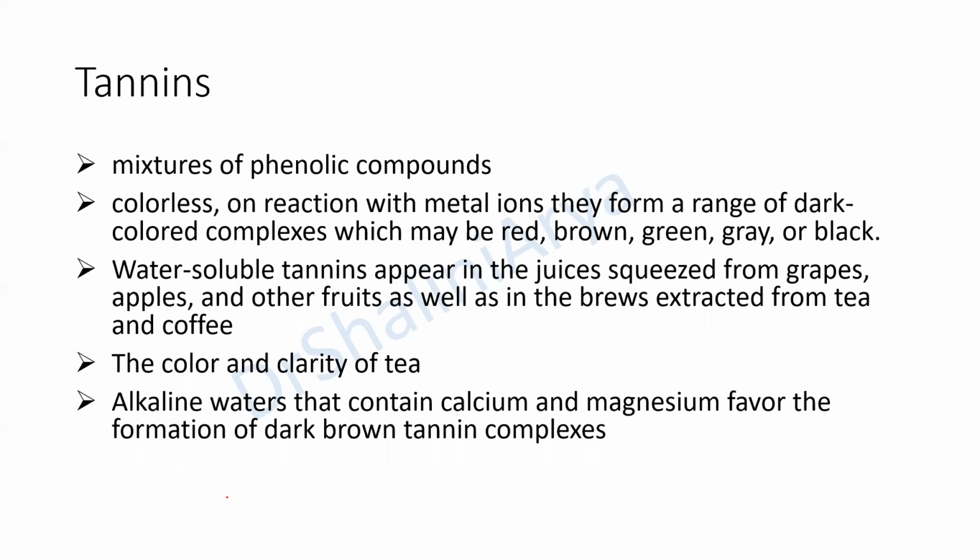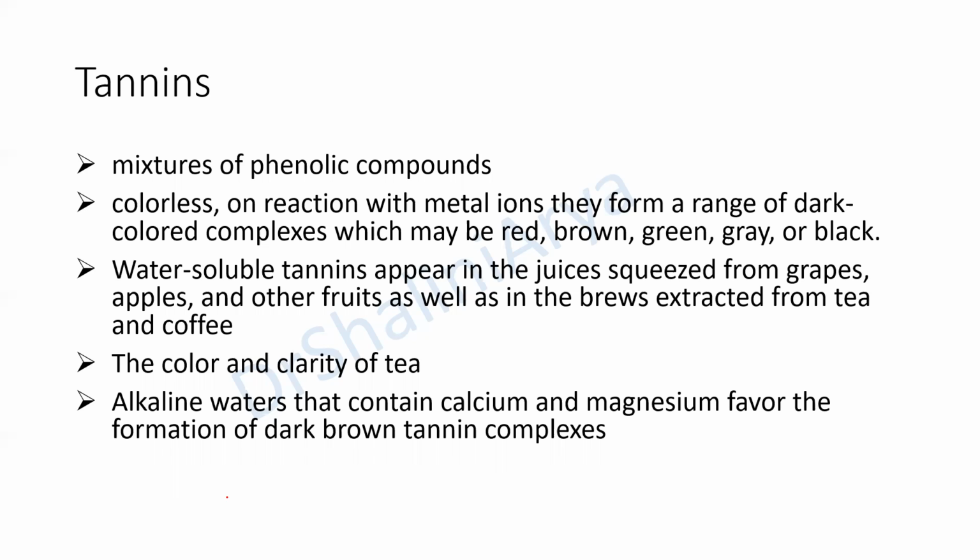Along with metal ions, they form a range of dark colored complexes, which could be red, brown, green, gray or black, and they are responsible for the dark color found in the bark of oak or other trees.